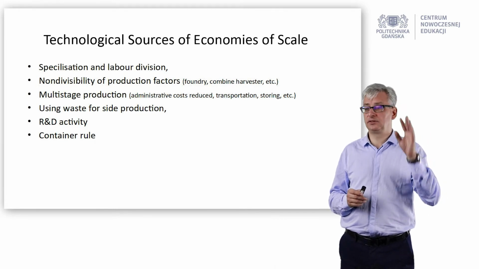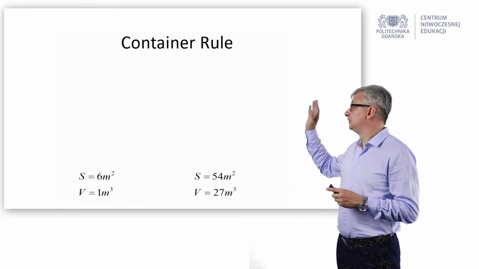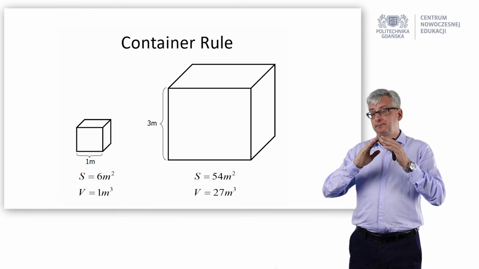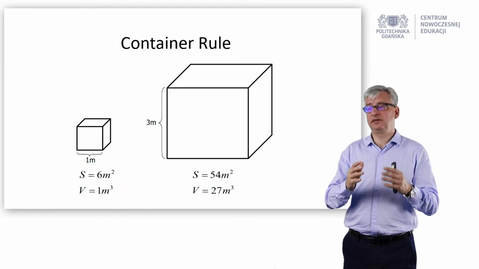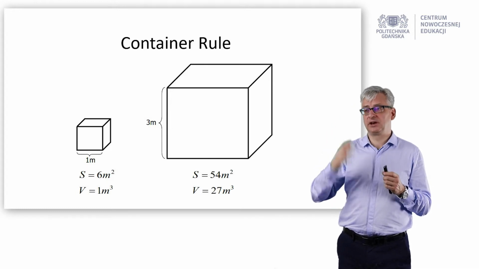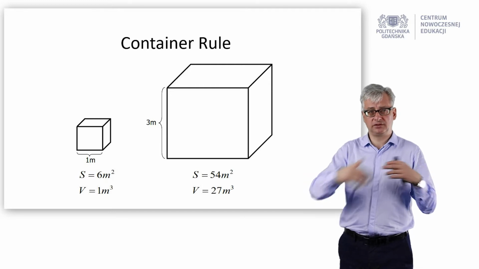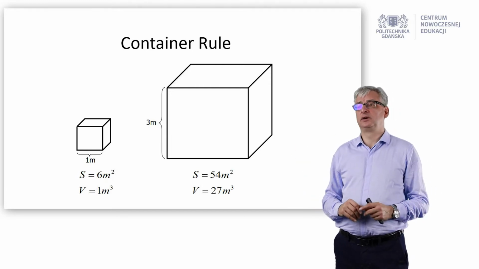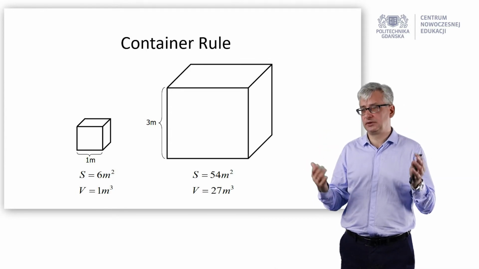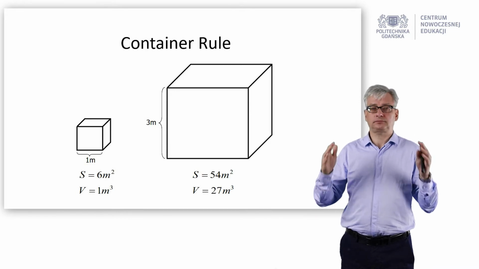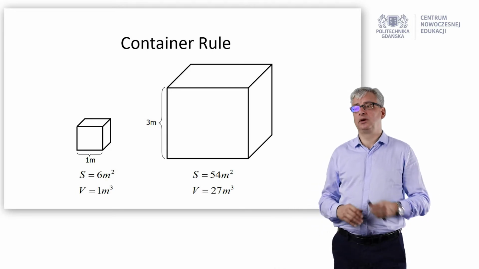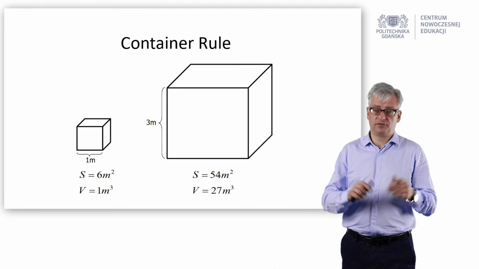And the last thing is the so-called container rule, which is explained here in this slide. It basically can be explained with the example of a plain container that is a cubic figure. Imagine that you use it to store your production, for instance, right? It's made of steel, 1 meter by 1 meter by 1 meter, 1 cubic meter of volume, right?